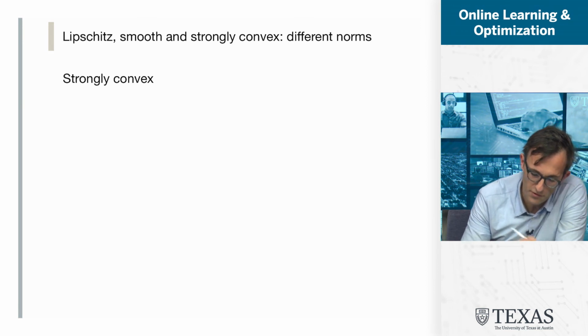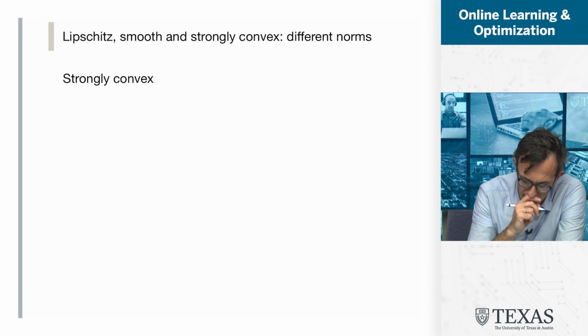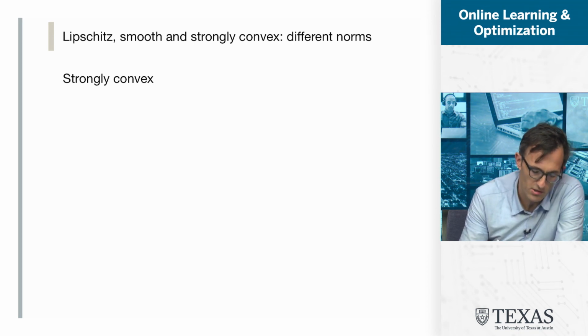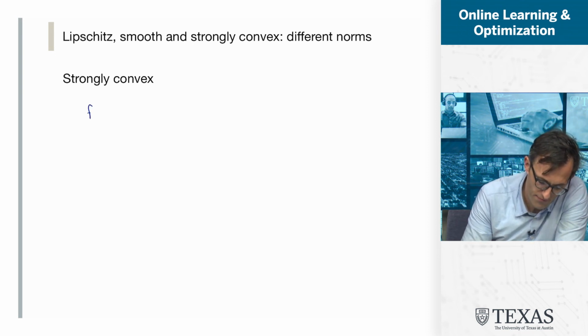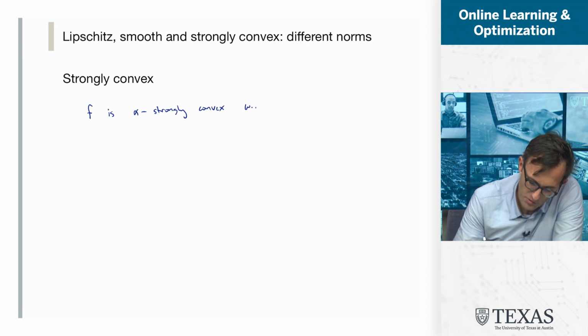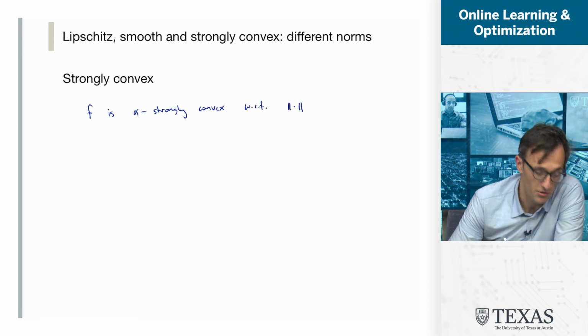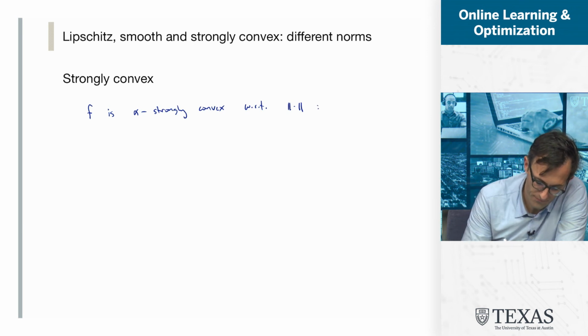We don't have to work quite as hard for strong convexity. The definition is straightforward in this case. So remember that strong convexity is a quadratic lower bound. So f is alpha strongly convex with respect to a particular norm if f of y is greater than or equal to, so lower bound, f of x plus g transpose times y minus x.